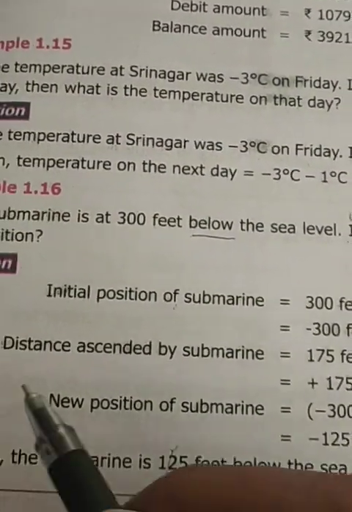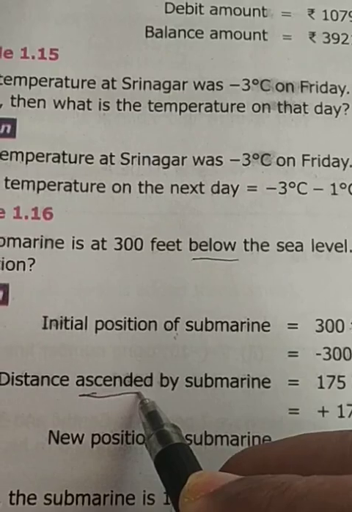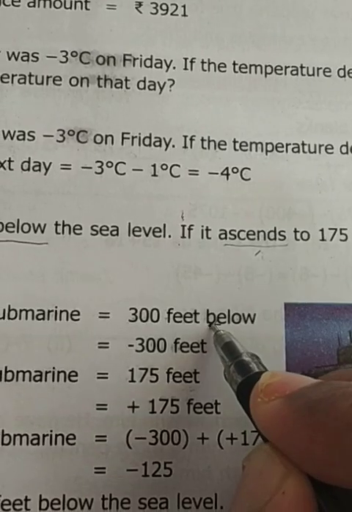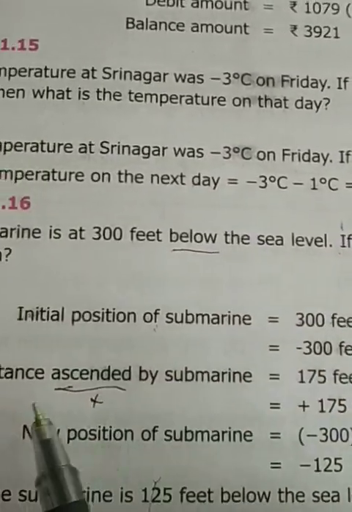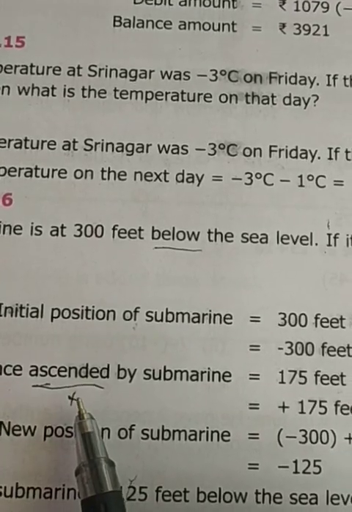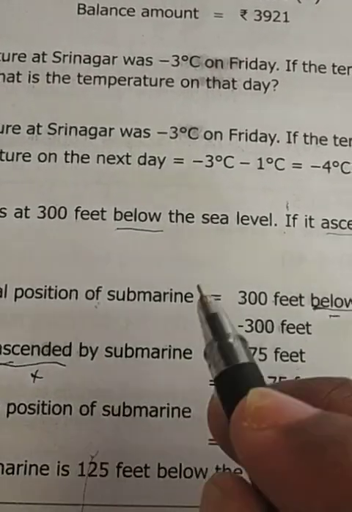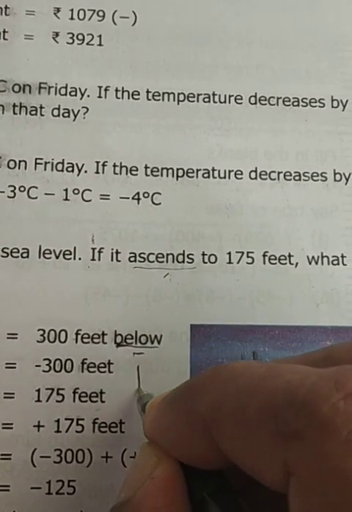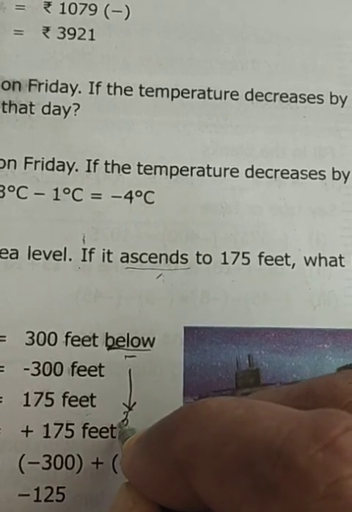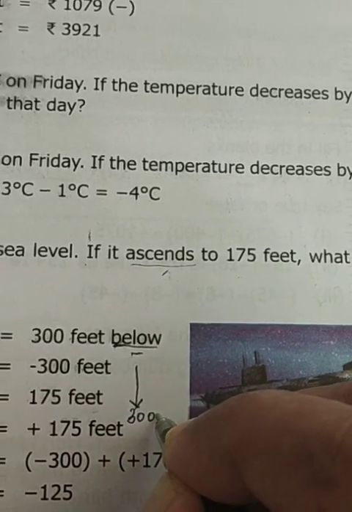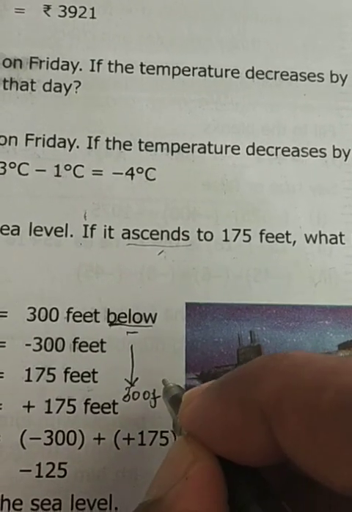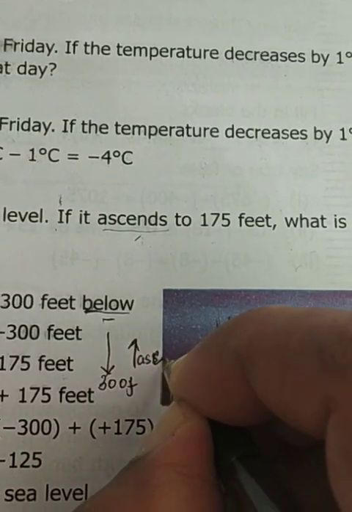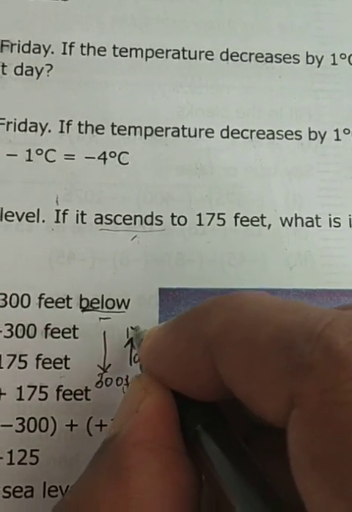And ascends shows the positivity. Ascends shows the positivity. Below shows the negativity. So ascends means it moves up. Initially, where is it? The submarine is at 300 feet below the sea level, and it ascends, means moves up, to 175.